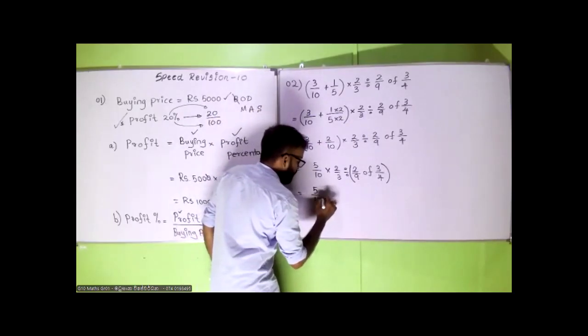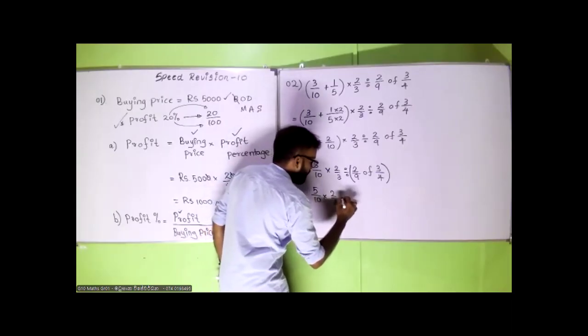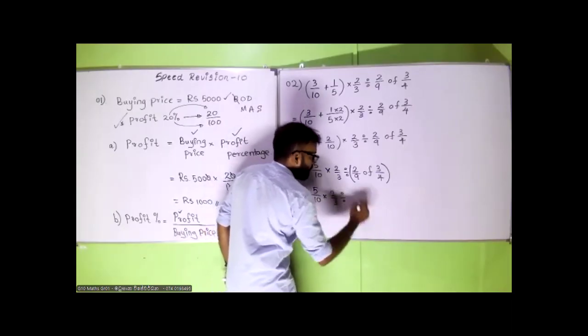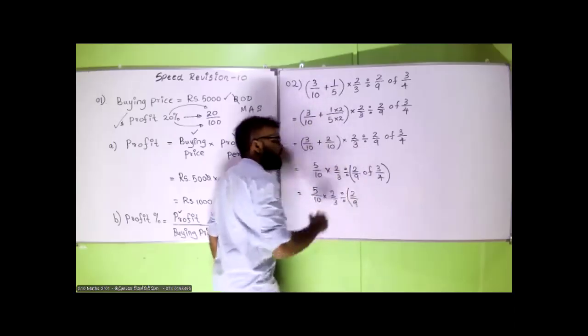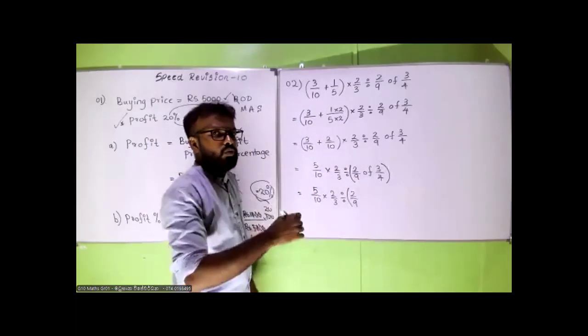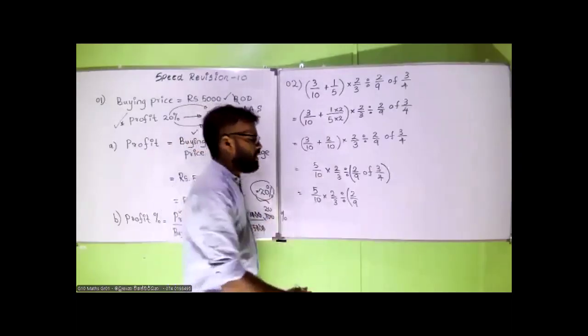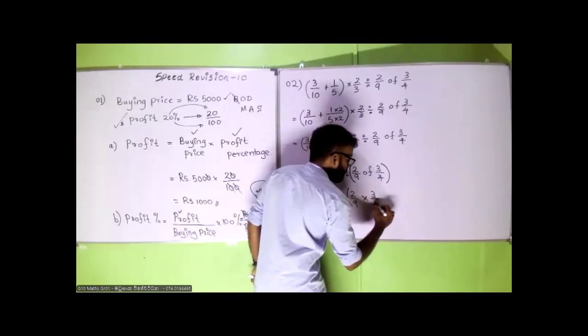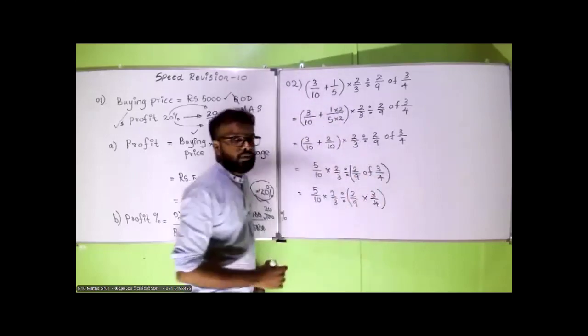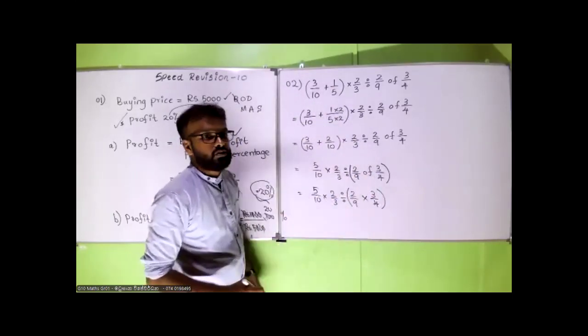So 5 upon 10 multiply 2 upon 3 divide 2 upon 9 of, meaning what? You are going to convert that word "of" into multiplication. 3 upon 4. Now you can simplify it until the bracket is gone.